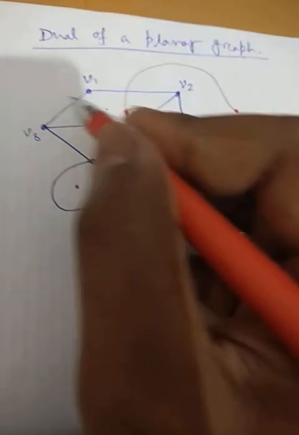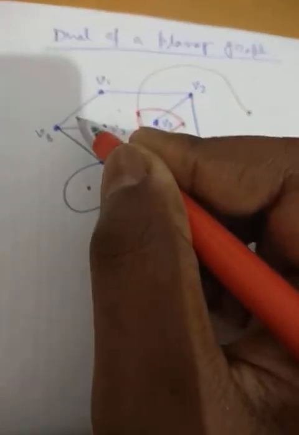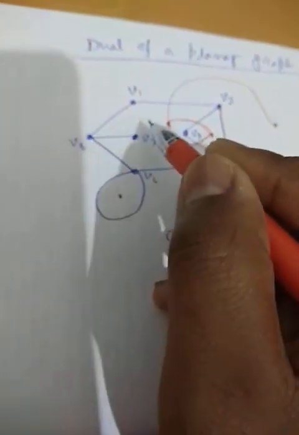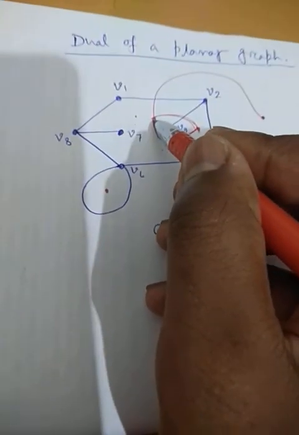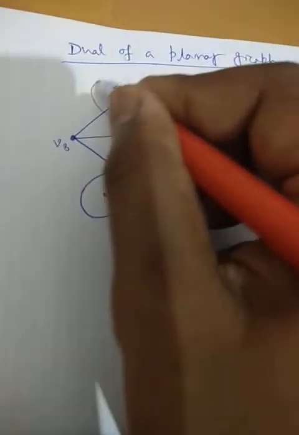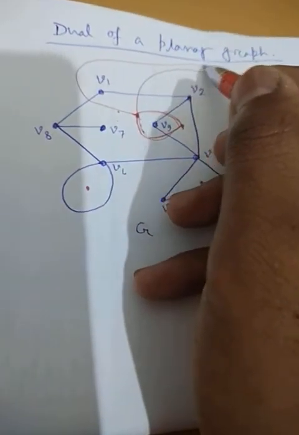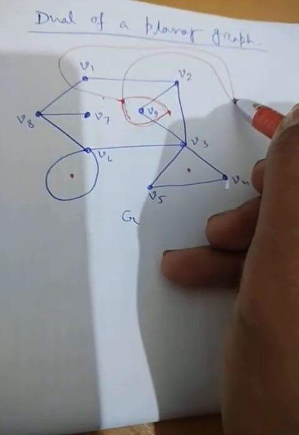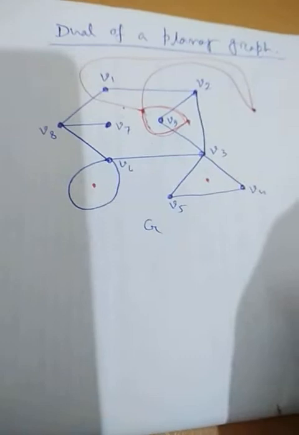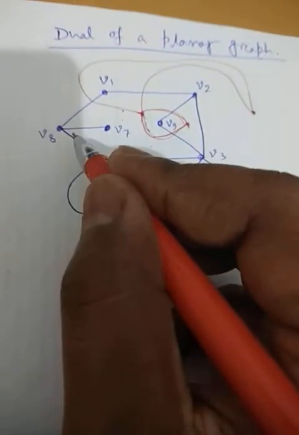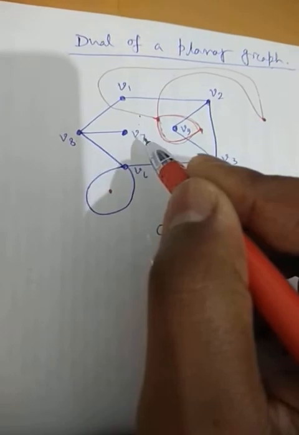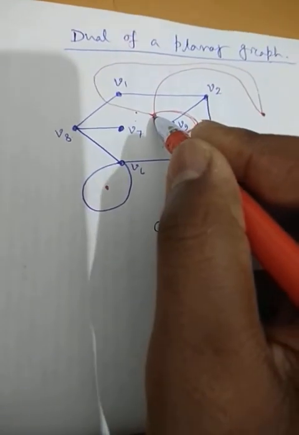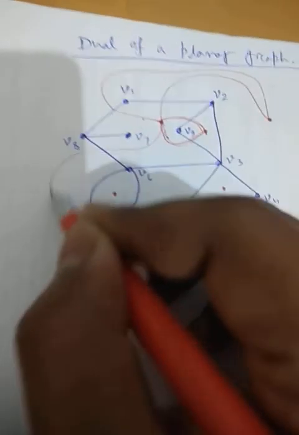Now for this face, this edge is common in this face and the outer face. So, okay. For this edge, it is common in the outer face and this face. So we are joining these two vertices.